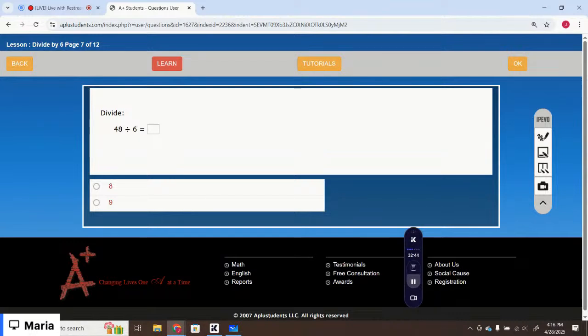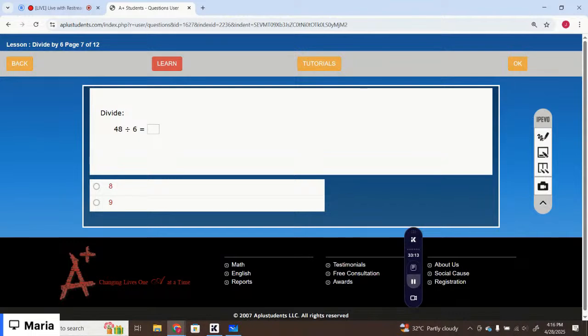Forty-eight divided by 6, which is the correct option. Six times 8 is 48.